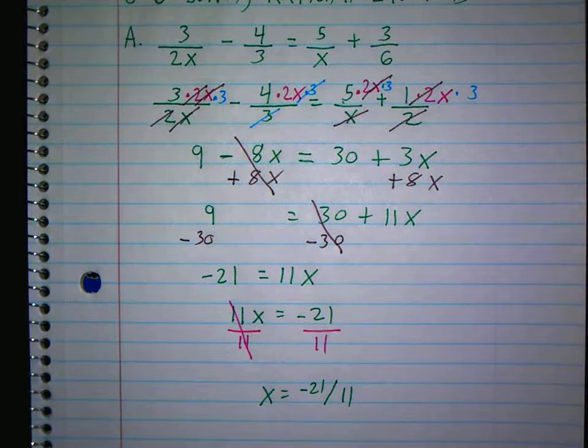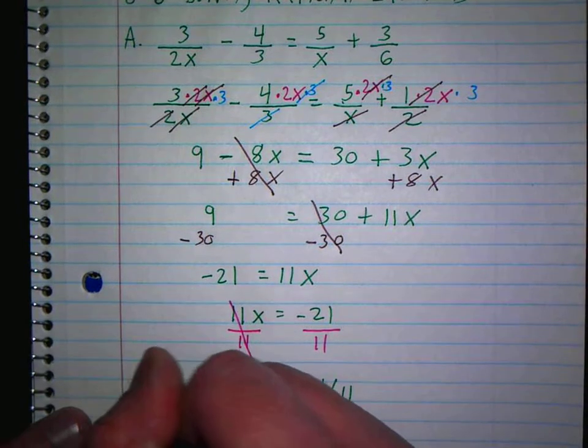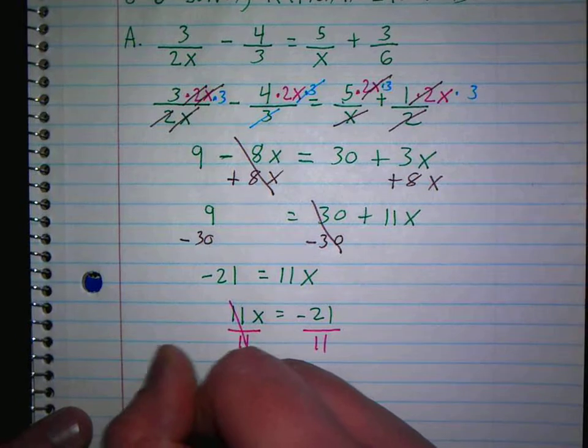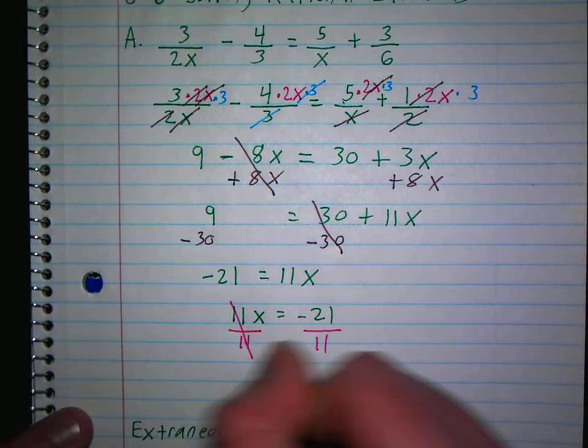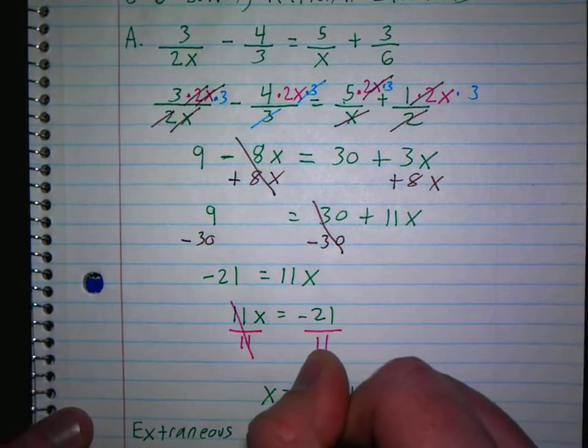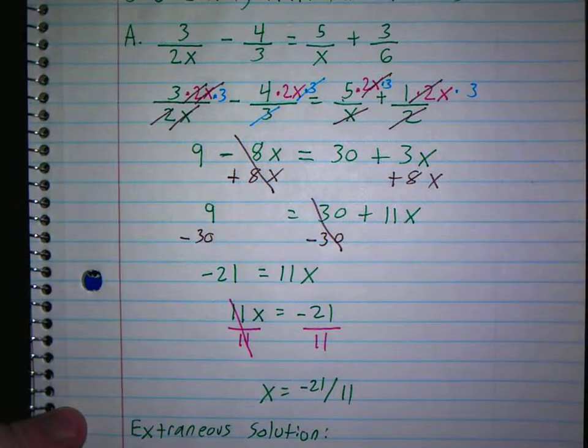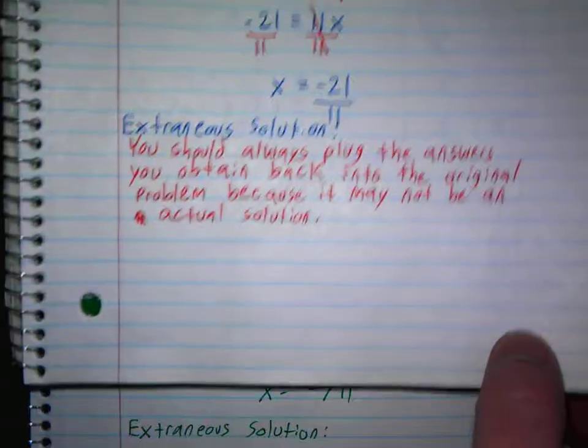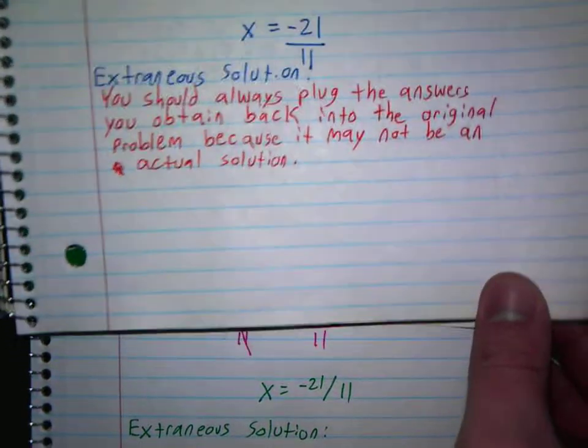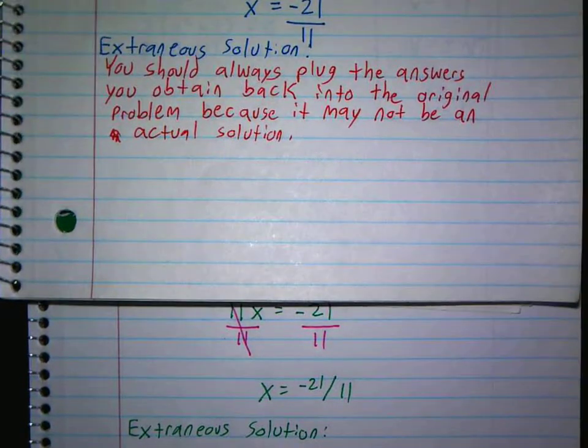But let's say you plug it back in and it doesn't work, and that produces something called an extraneous solution. And an extraneous solution, and I'll just put the words up here. An extraneous solution, you should always check, plug in the answers you obtain back into the original problem, because it may not be an actual solution.